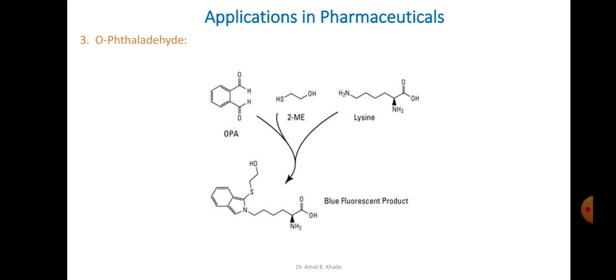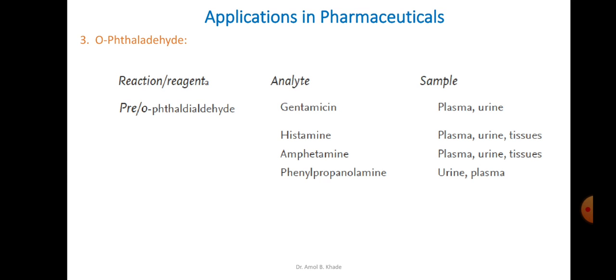So you can see the OPA has reacted with methionine and lysine as amino acids, and then it has formed a corresponding adduct or complex which has a blue fluorescent color. So this you can easily quantify with the fluorescence spectroscopy. So earlier these two were non-fluorescent, even OPA is also non-fluorescent, but after reacting, the product, the complex or adduct, becomes fluorescent.